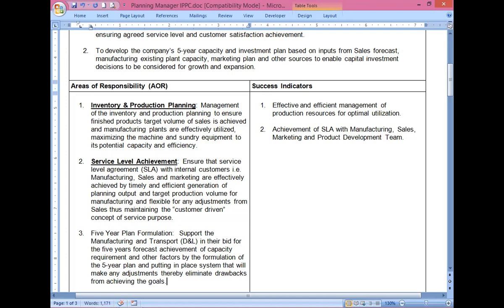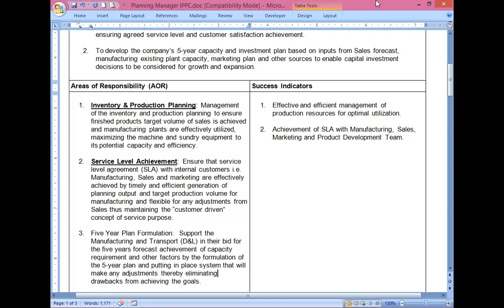Okay. 5-year plan formulation: support the manufacturing and transport DNL in their bid for the 5 years forecast achievement of capacity requirement and other factors by the formulation of the 5-year plan and putting in place system that will make any adjustment thereby, I think this is progressive also, by eliminating drawbacks from achieving the goals.